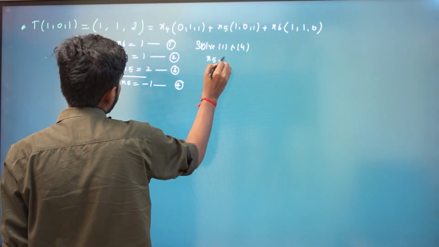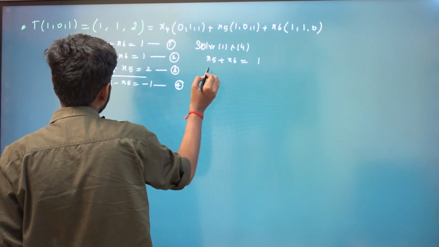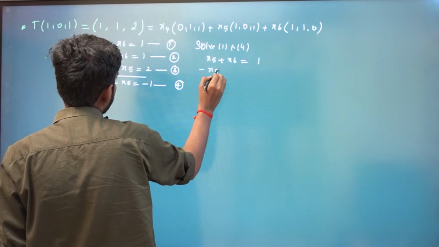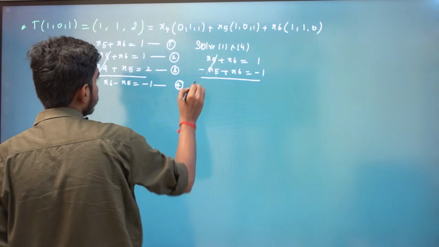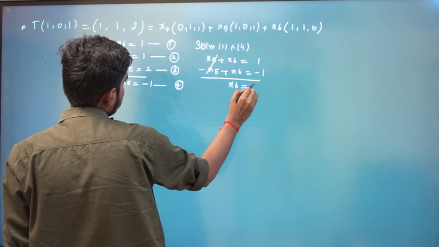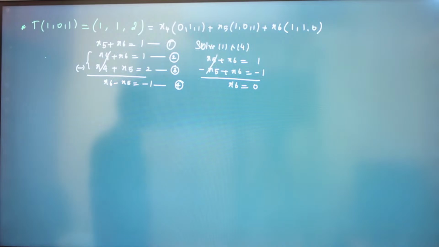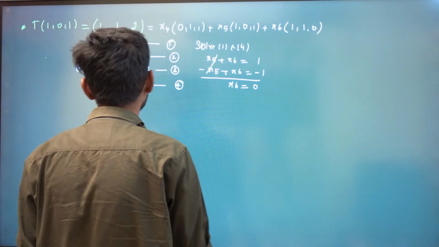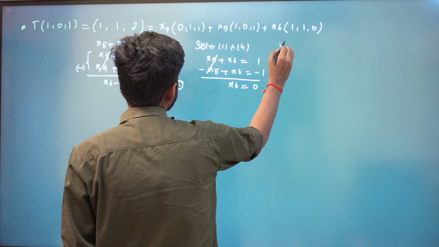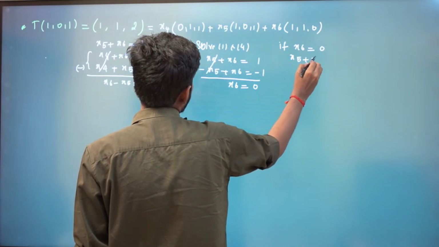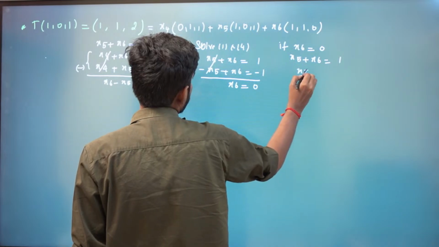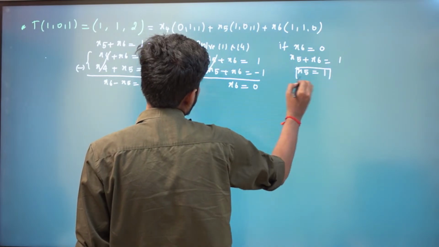So we have x5 plus x6 is equal to 1, minus x5 plus x6 is equal to minus 1. Add this. So we will be getting x6 is equal to 0, right? So if x6 is 0, we have x5 plus x6 is equal to 1. That means x5 will be equal to 1.